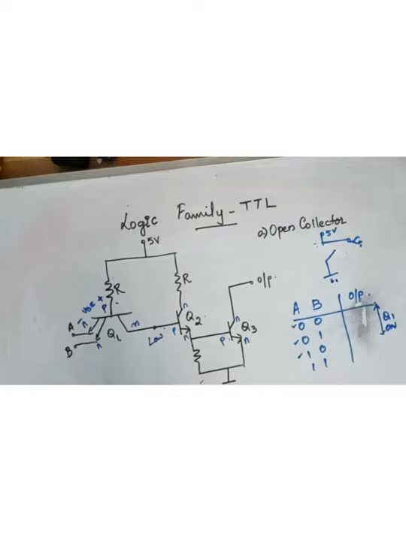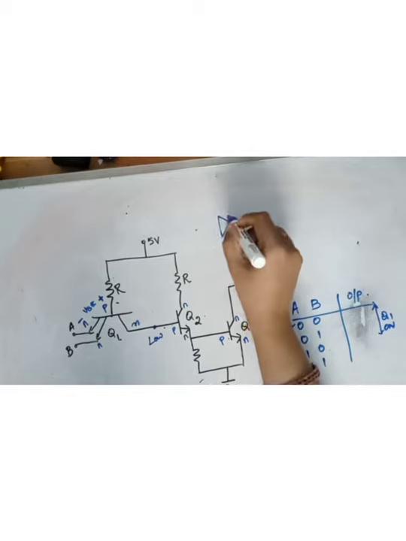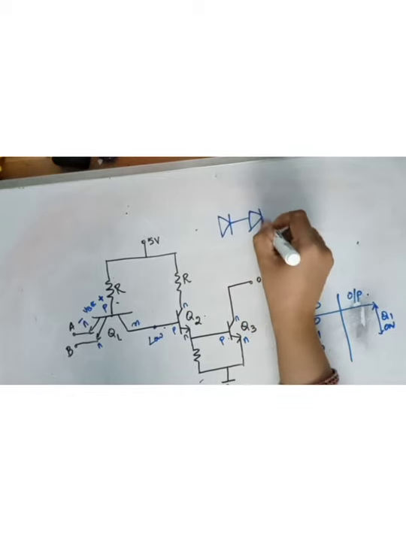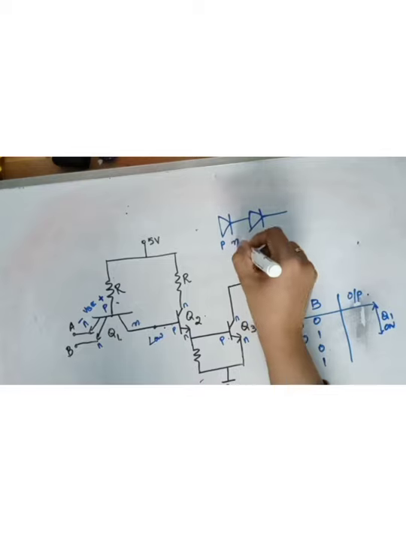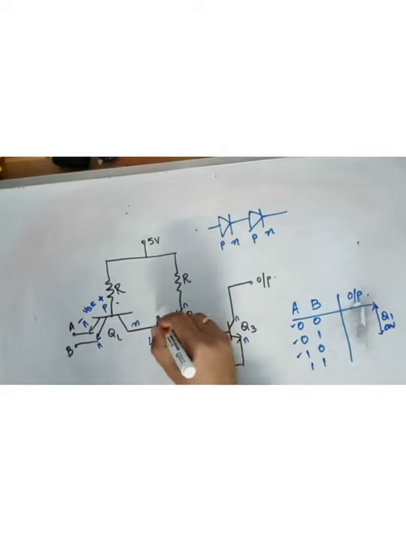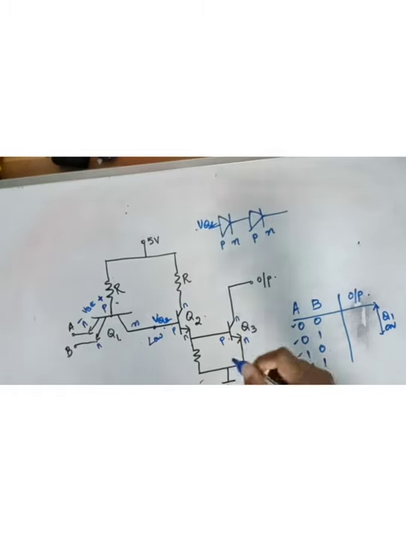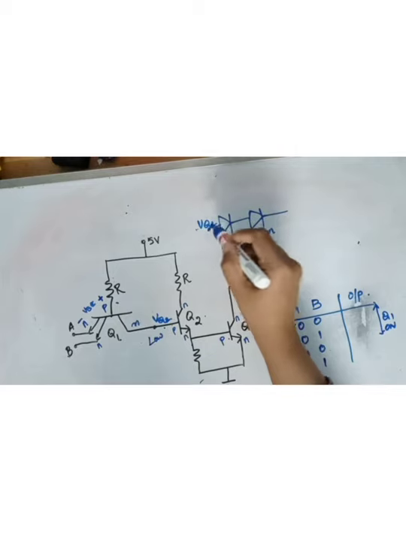So you can say that in the case of TTL, this Q2 and Q3, see, this is P, this is N, this is P, this is N. So you can say that it is like 2 diodes in series. It is P, N, P, N. So this is the voltage, say VQ2, the voltage at this point with respect to ground.